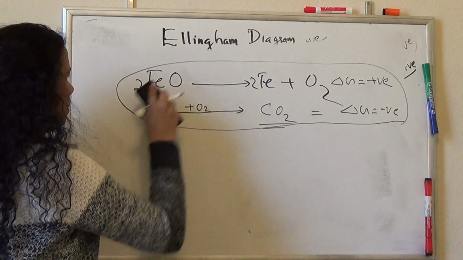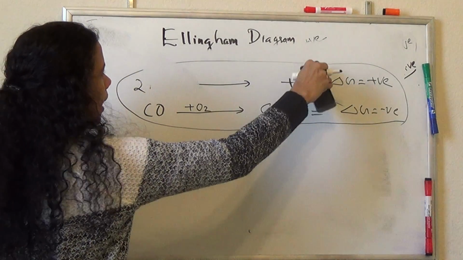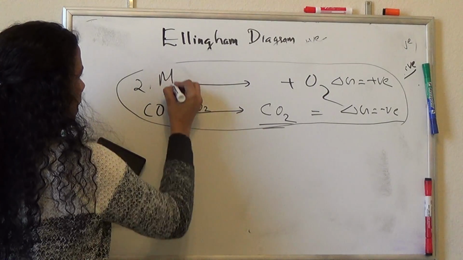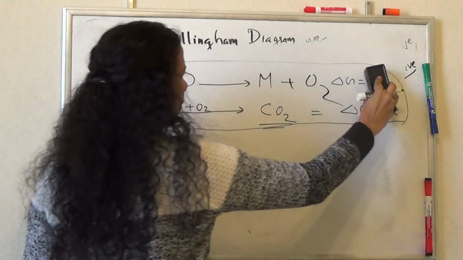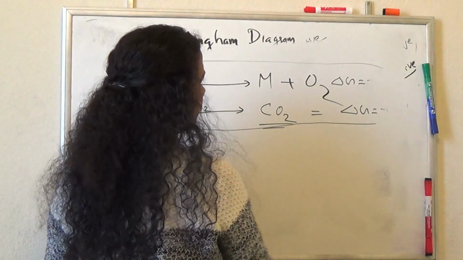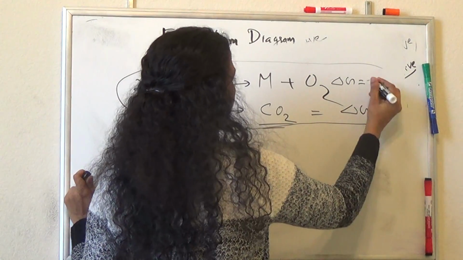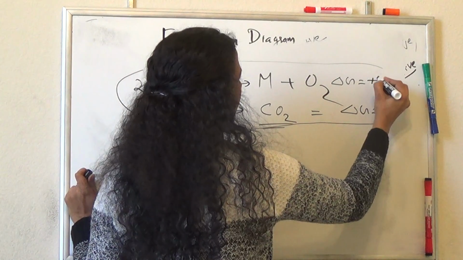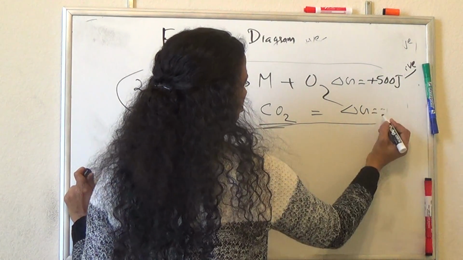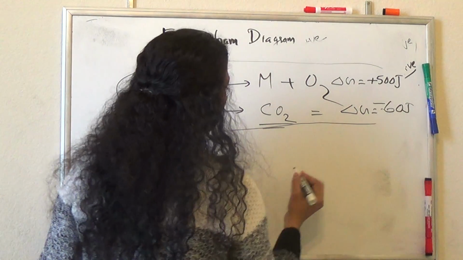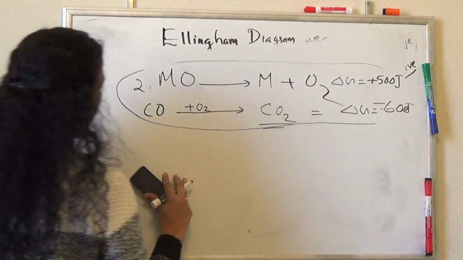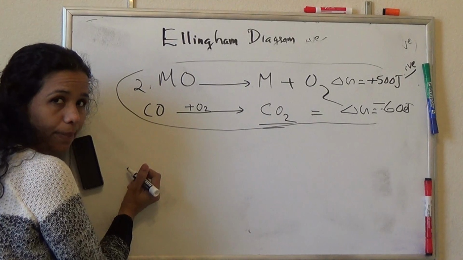We can generally write a metal oxide, metal and oxygen. We can simply put the values also. If the value for the particular metal is 500 joule and this is minus 600 joule, then we are allowing these two reactions to take place together.